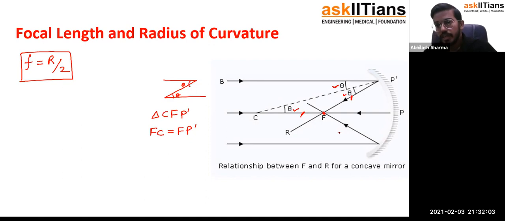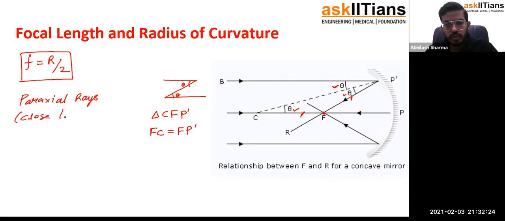Correct? Now, we need to understand that in all the cases of optics we will be doing in this chapter, all the rays are actually paraxial rays. What is meant by paraxial rays? Paraxial rays are the ones which are very close to the principal axis.